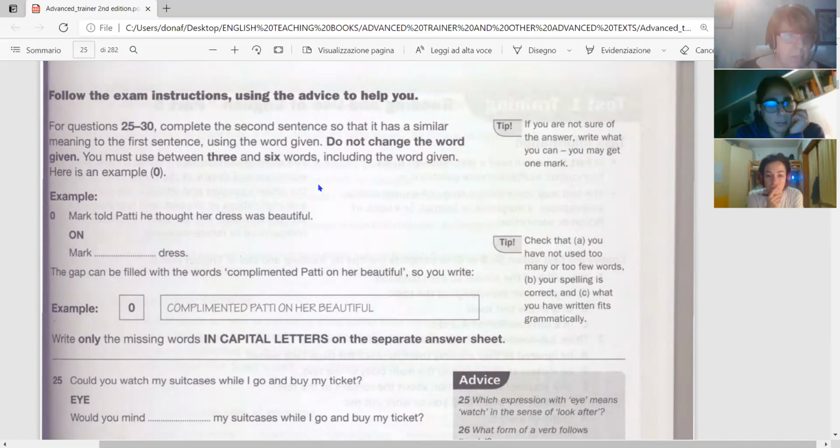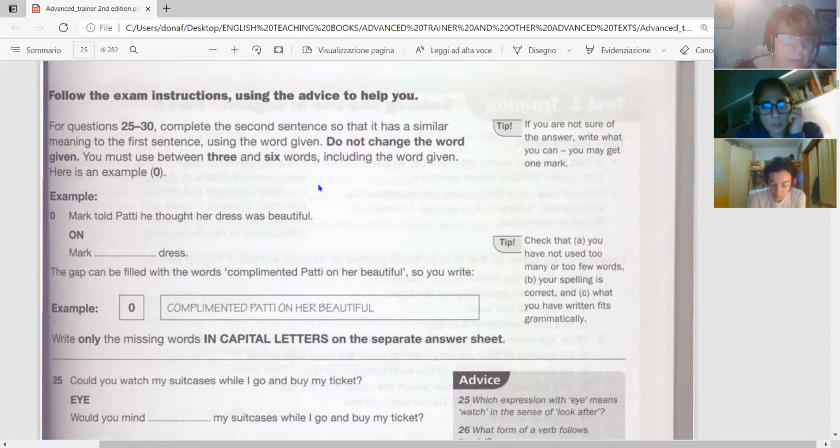Here is an example. Mark told Patty he thought her dress was beautiful. The word given is ON. Mark, the gap can be filled with the words complimented Patty on her beautiful dress. So you write complimented Patty on her beautiful, that is 5 words in total. That is correct.